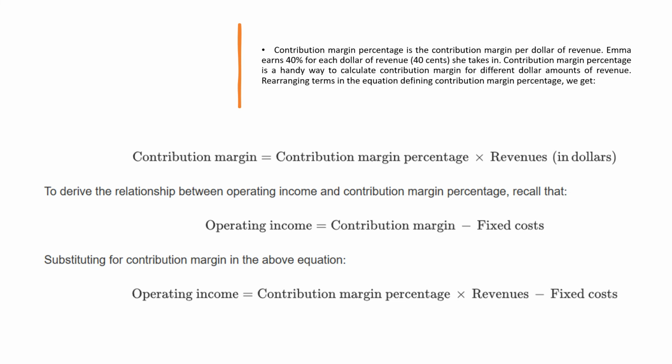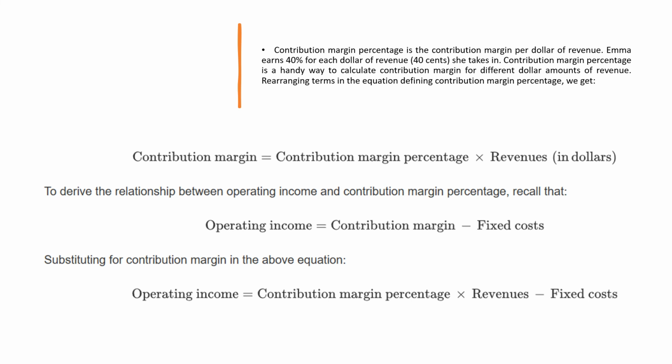If you're looking for contribution margin and they give you only contribution margin percentage and revenues, that will give you contribution margin. Or if they give you contribution margin percentage, revenues, and fixed costs, that will give you operating income.